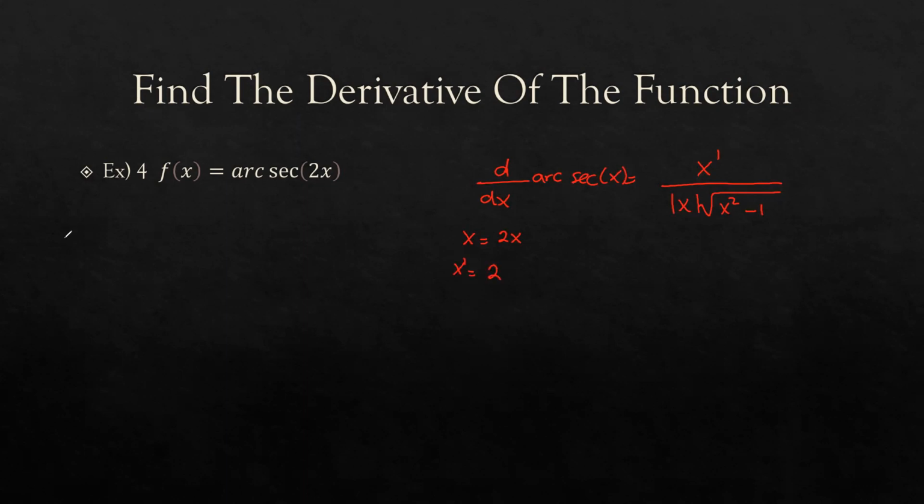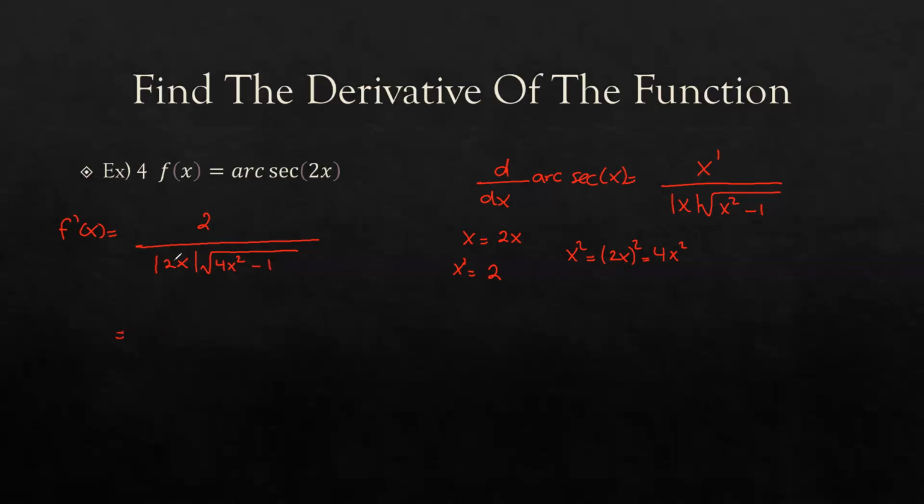So f prime of x equals x prime, which is 2, over the absolute value of x, so the absolute value of 2x, times the square root of x squared minus 1. So x squared is basically 2x squared, so that is 4x squared minus 1.